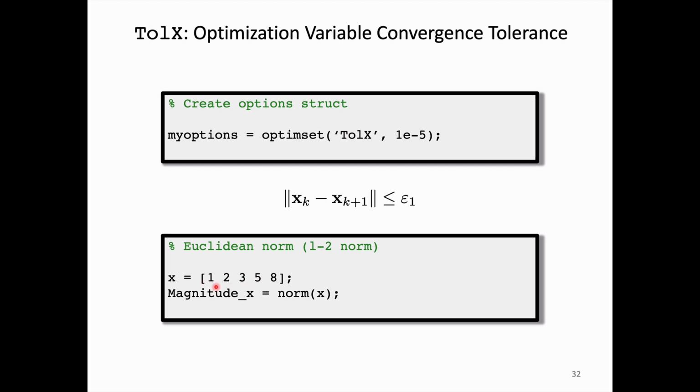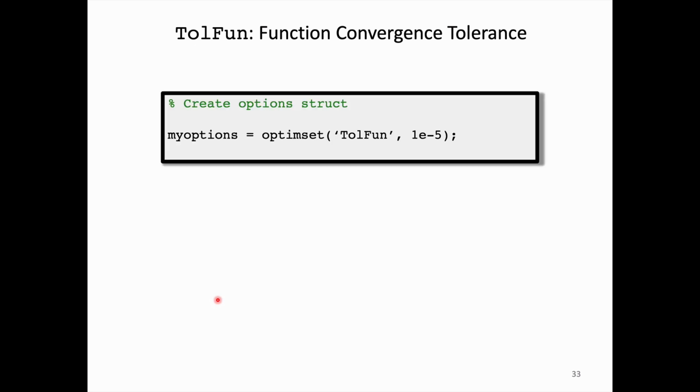Here's a vector x. I just defined it using the Fibonacci sequence. And we could use this function in Matlab called norm. And if we don't specify any unique settings, it defaults to the Euclidean norm. And so if I were to evaluate the norm of x, then I could store that value here that I've called the magnitude of x. Let's have a look at TolFun. This is the function convergence tolerance.